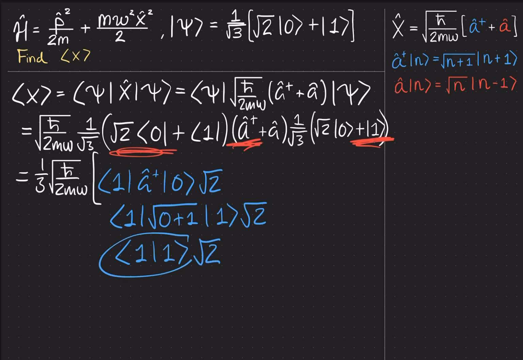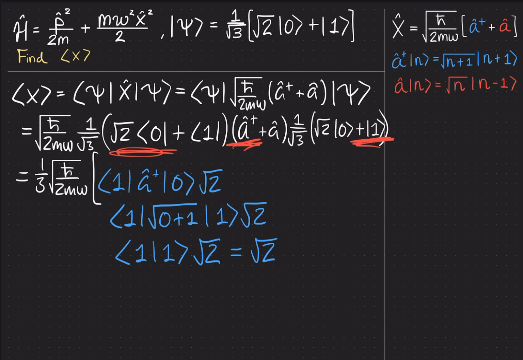And since the inner product between 2 equal states is just equal to 1, this will overall just be equal to the scalar root 2. And so hopefully that makes sense. Again, once you get more experience and more practice, you'll be able to jump from here to here. But I think it's really important to highlight the steps in between. I think it adds a lot of clarity.